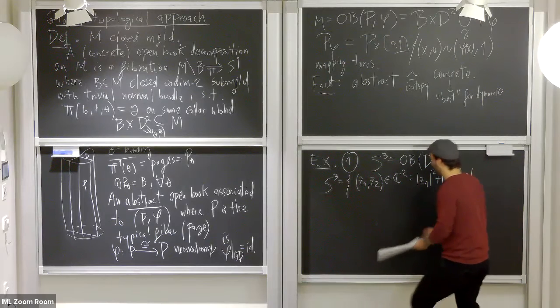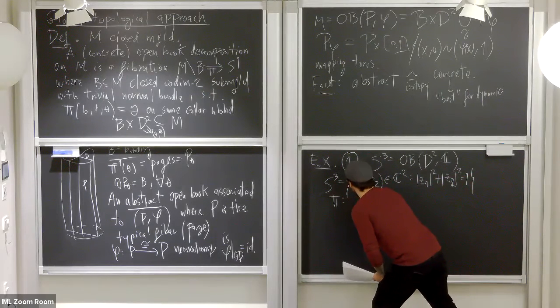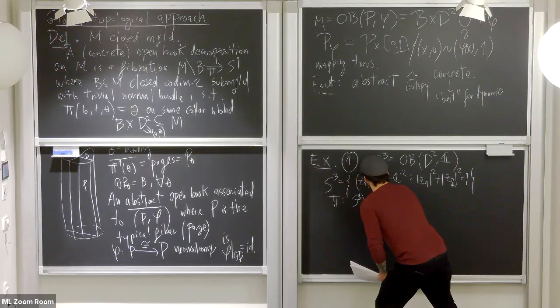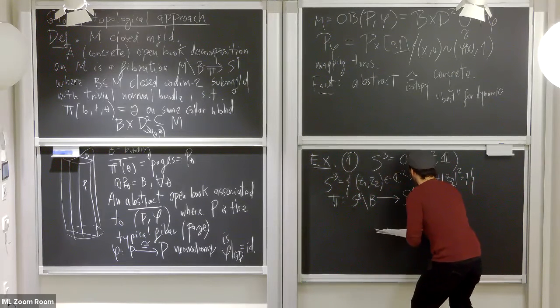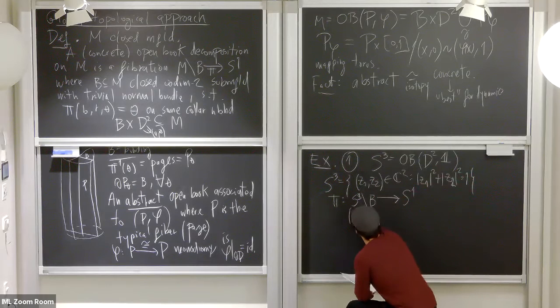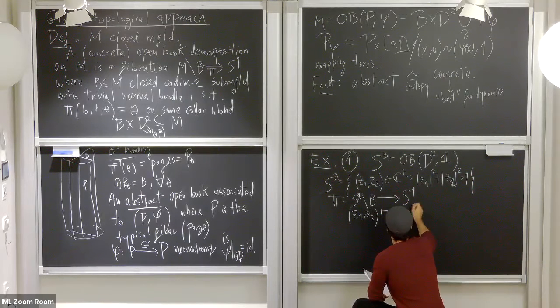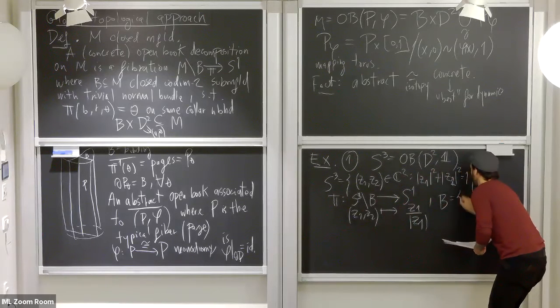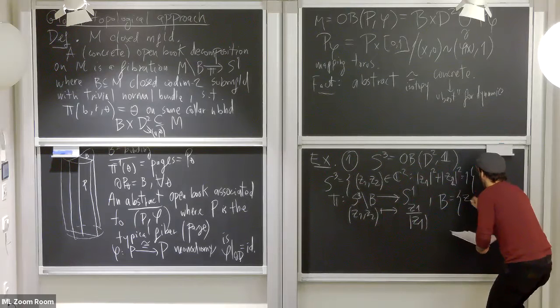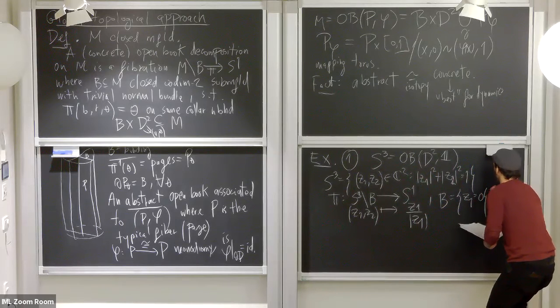And I just define the fibration by projecting to the first coordinate divided by its norm. So this is well defined away from B, which is z1 equals 0 inside S3.